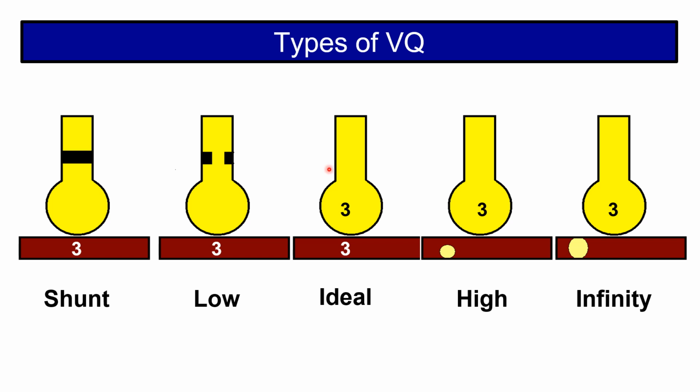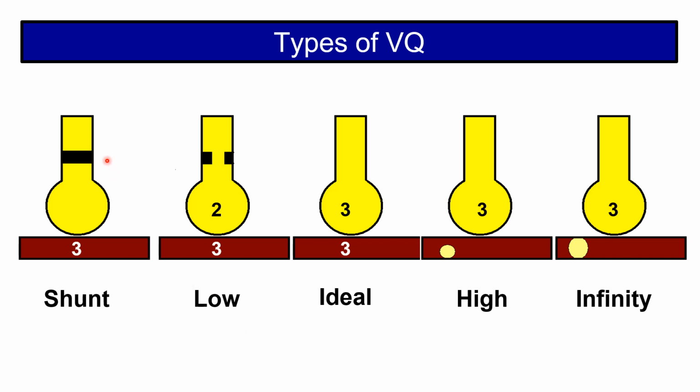From a V/Q relationship of 1, there may be alteration. For example, there may be increased airway resistance or diminished compliance of this respiratory unit, and therefore instead of receiving 3, it receives only 2 liters of ventilation. 2 over 3 is less than 1, and therefore this type of V/Q relationship is known as your low V/Q relationship.